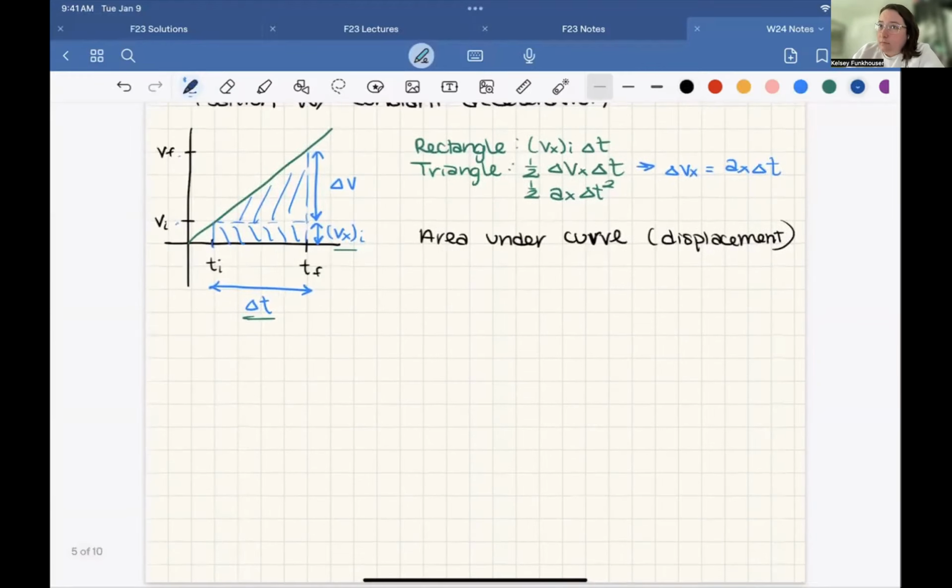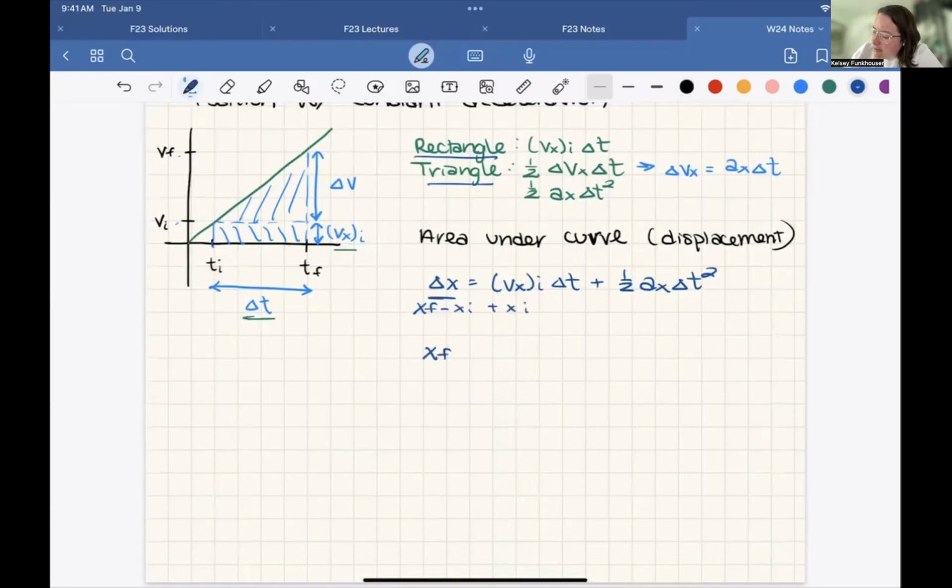So the displacement, change in x, is the area of the rectangle plus the area of the triangle. So the initial velocity times the time interval plus 1/2 the acceleration times the time interval squared. And we can also expand out the displacement term to x final minus x initial and add x initial to both sides.